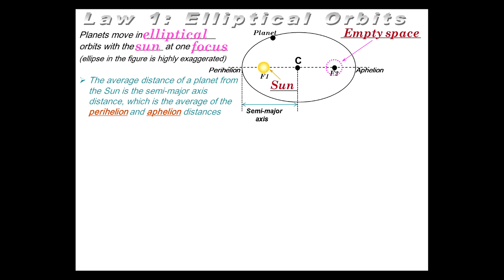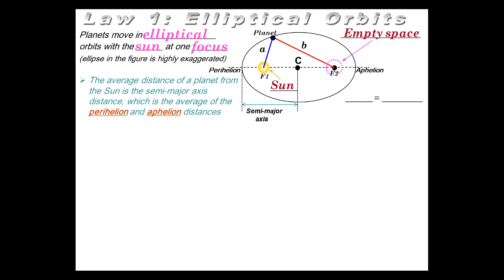And what that is, it's the average of the perihelion and aphelion distances. So perihelion plus aphelion, that's the entire way across here. The average of that, just add those divided by 2, we get the semi-major axis. So that's the average radius.